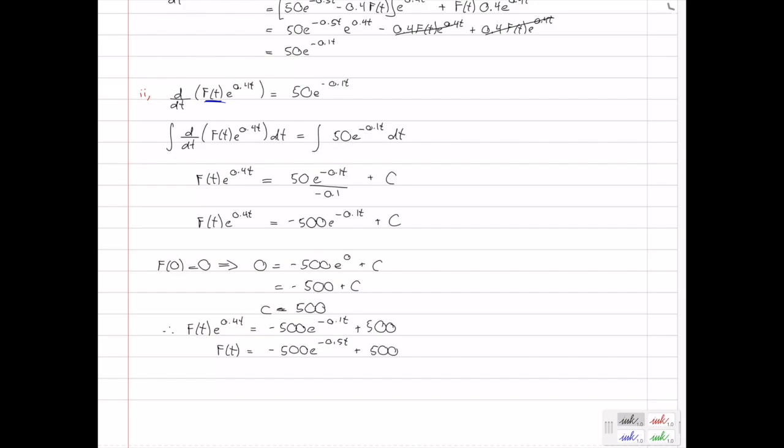The power is 0, so when I subtract 0.4t from 0, I get negative 0.4t. Okay, and I can just factor out a 500. And then I can write the positive term first, which gives us e to the negative 0.4t minus e to the negative 0.5t. Okay, and that is also what I wanted to prove. So that's part 2 done.